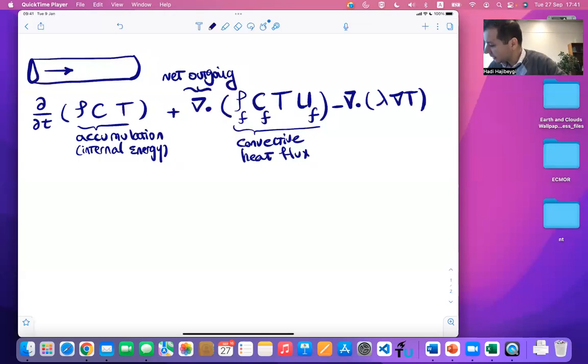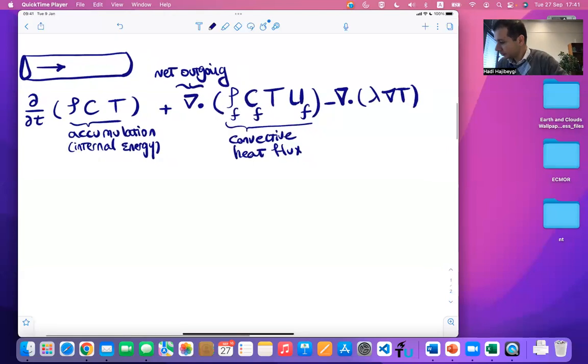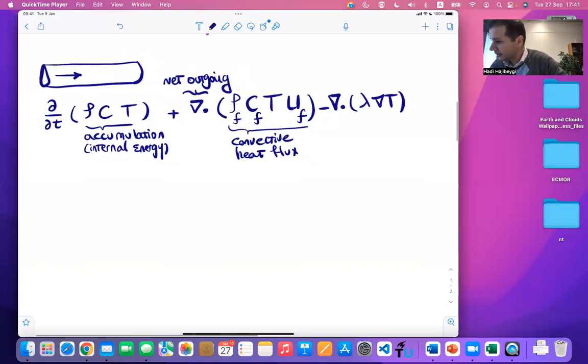So that would be the conductive heat flux with the negative sign of it to be outside. So I would call it the conductive heat flux, or, since the negative sign is outside, I write the entire thing as net outgoing conductive heat flux.